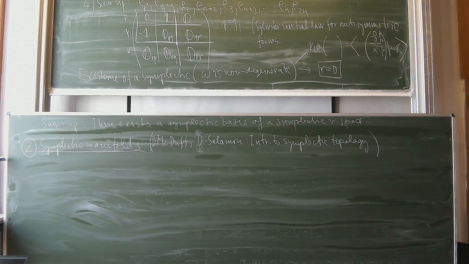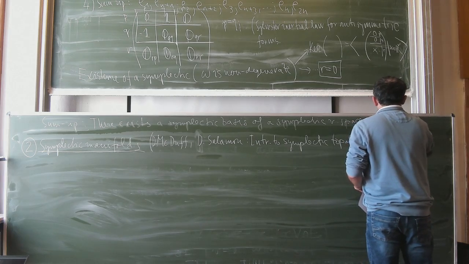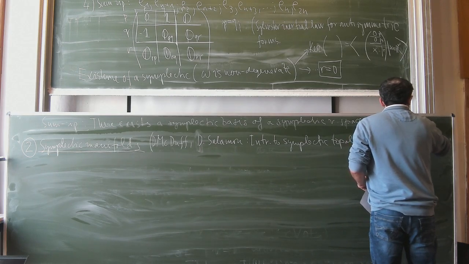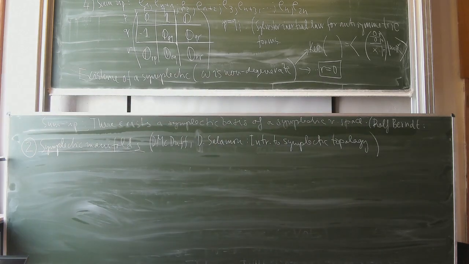A reference to the symplectic linear algebra may be Rolf Berndt. The name is a bit strange. It is called symplectic geometry. Geometry shall, by some classical habits, speak about connections on vector bundles and geodesics.